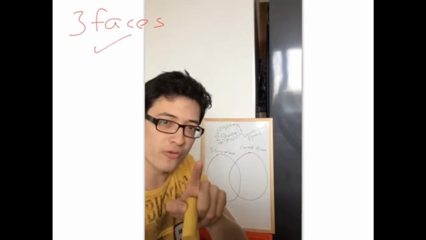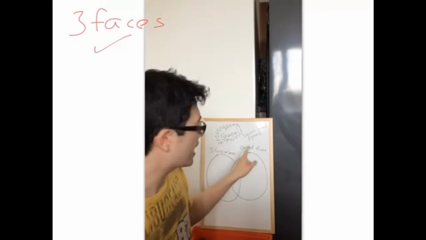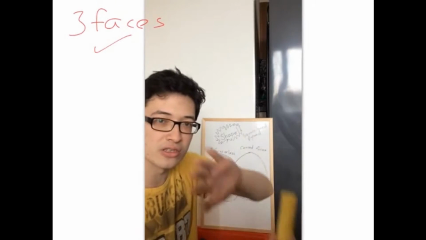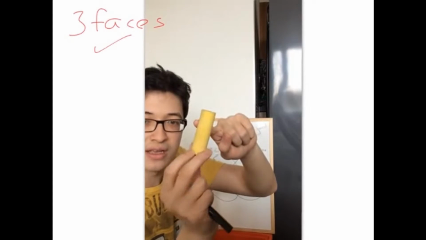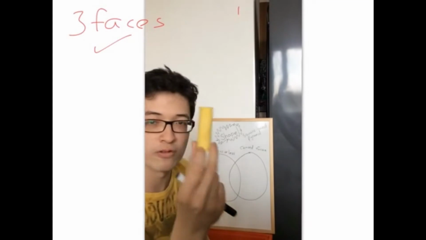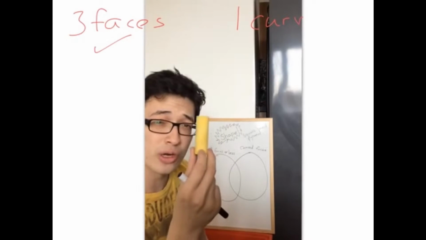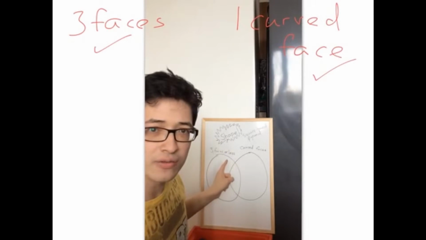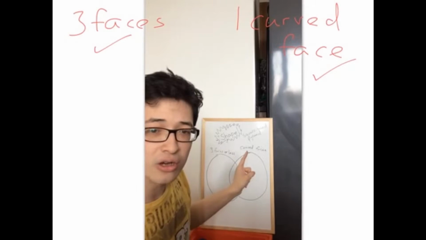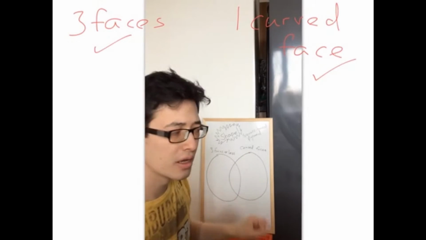Hold on. But before we finish doing that, let's check. Does it have any curved faces? Well, this face here does curve because it curves right round. So it's also got a curved face. So it's got three faces or less, and it's got curved faces.